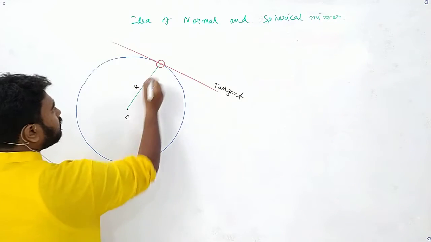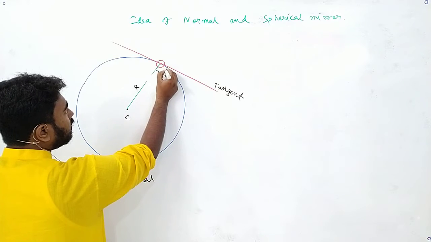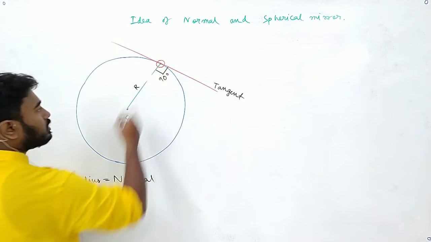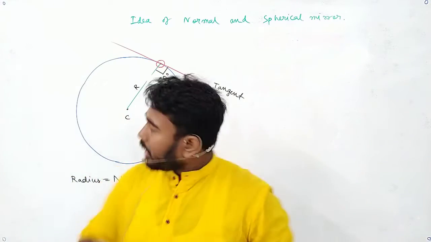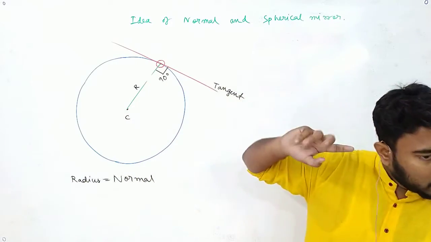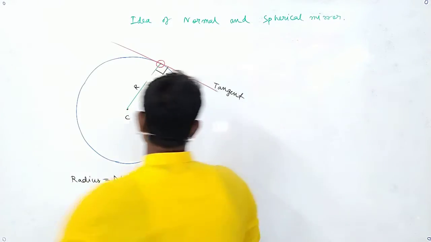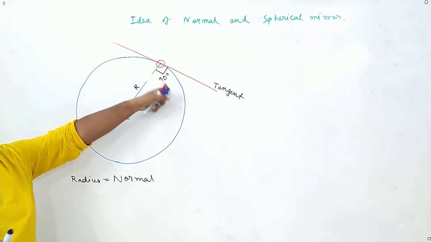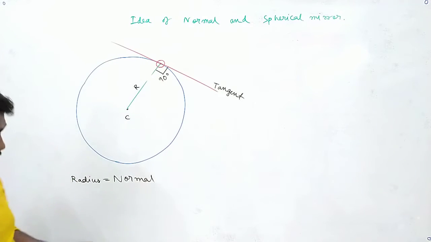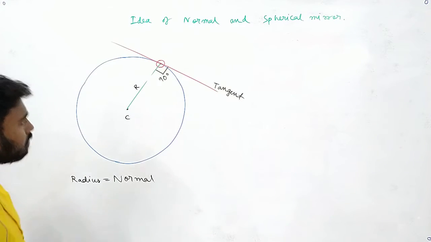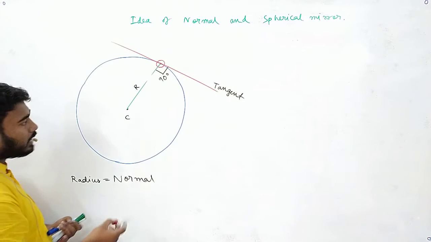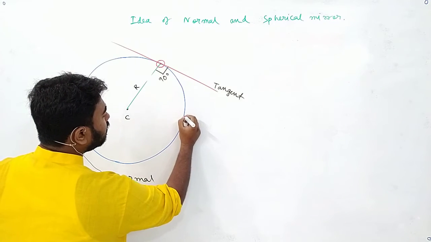Of course, the angle between tangent and radius is 90 degrees, right? The angle between tangent and radius is 90 degrees. Now tell me one thing. If the angle is 90 degree, then if I draw any tangent at any point, it will be 90 degrees.